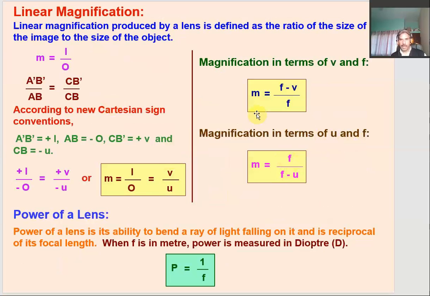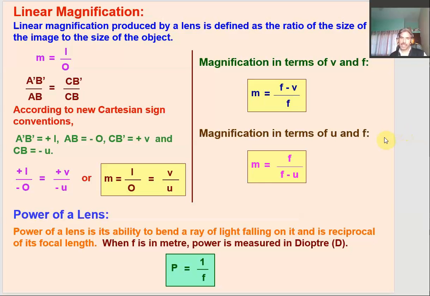And the final term here is the power of a lens. Because a lens has the ability to converge the light rays or diverge the light rays, in order to measure how close or how far a lens can converge or diverge the light rays, we have a term called the power of the lens.